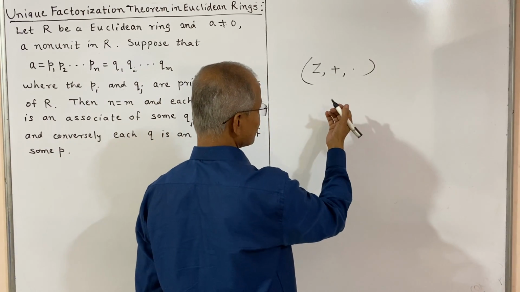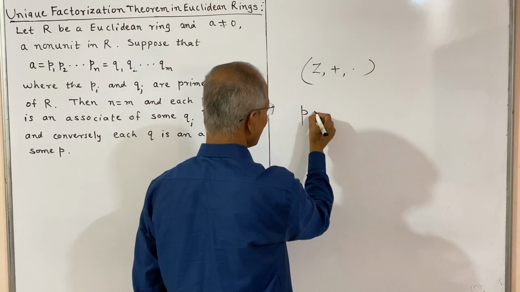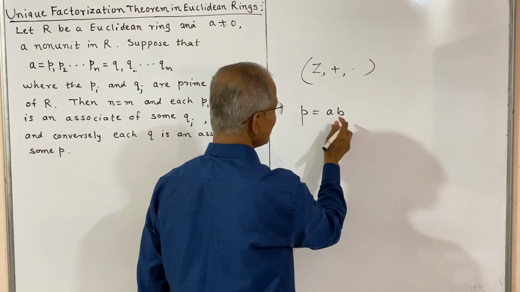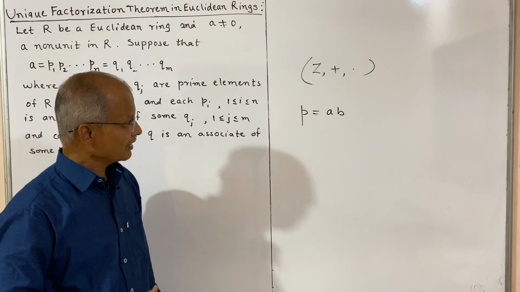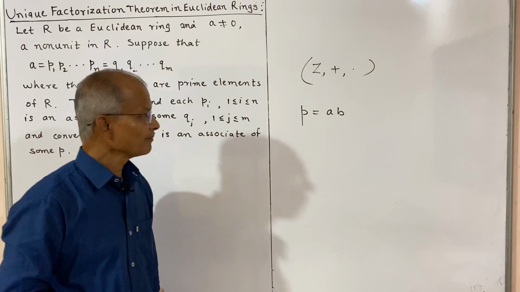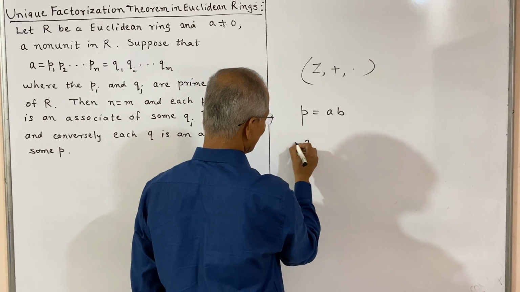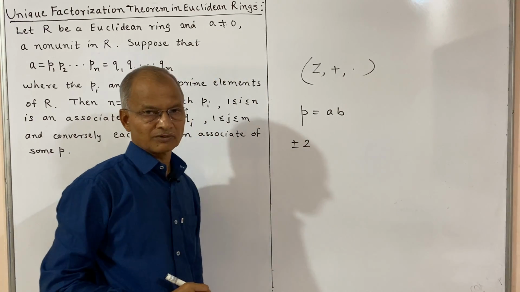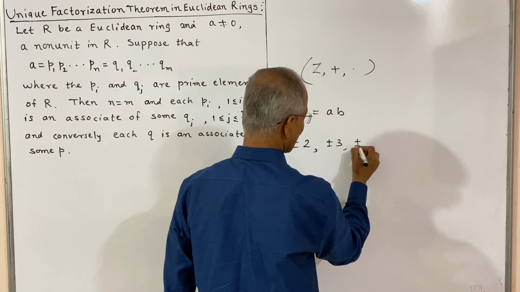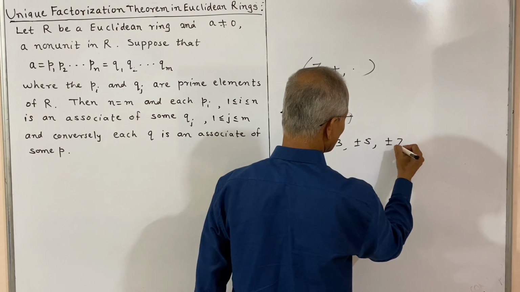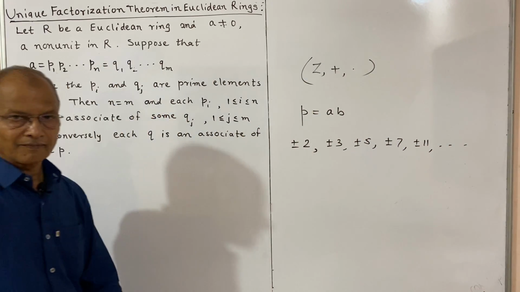And the prime element we have defined as: P is a prime if we write P as equal to AB, then either A or B is a unit. So prime elements in Z are, with positive and negative sign, plus or minus 2, plus or minus 3, etc. These are prime elements in Z.